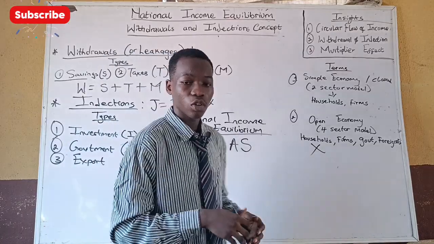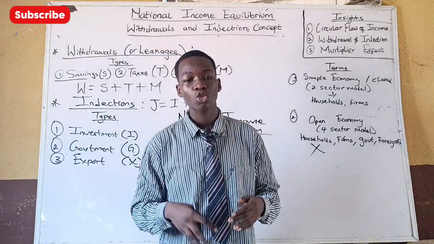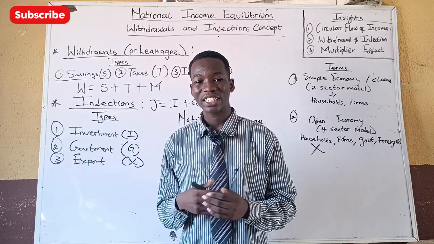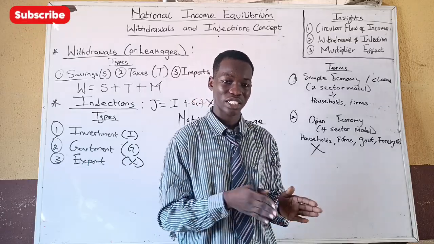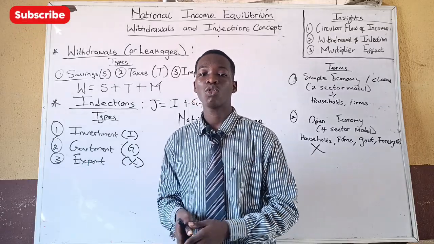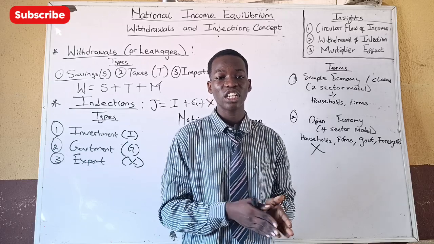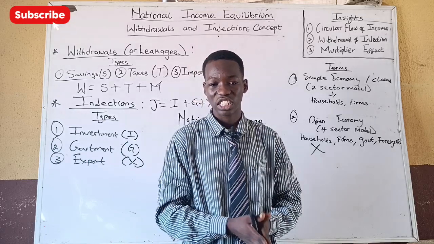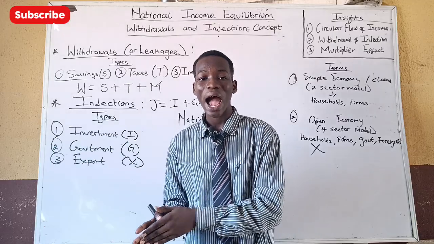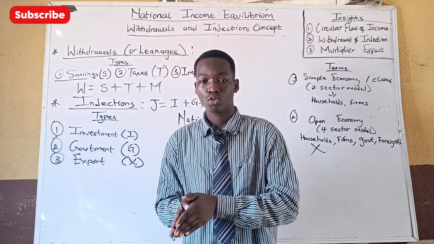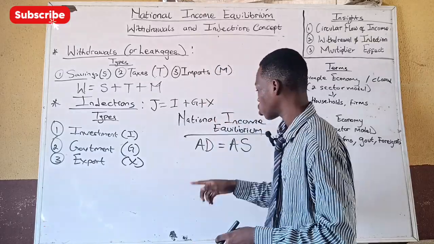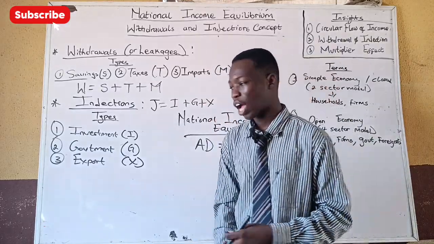So the national income equilibrium simply refers to when the total aggregate spending, which you can put in brackets as demand, in an economy is equal to the total aggregate output, and that output is also known as supply. So in short, aggregate demand is equal to aggregate supply.